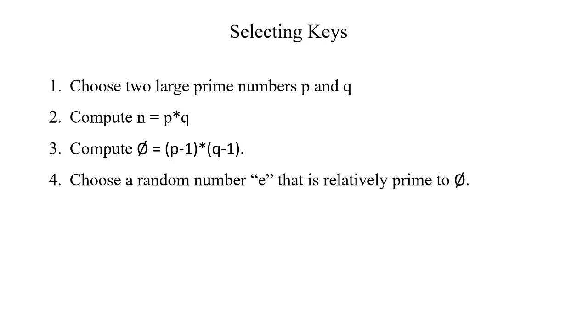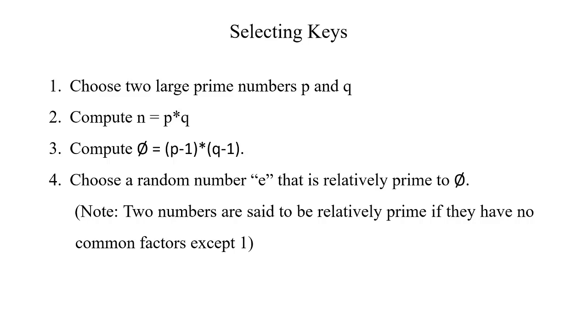Step number 4 is choosing a random number e such that it will be relatively prime to phi. Two numbers are said to be relatively prime if they have no common factors except 1. So while choosing random number e, we have to take this note into consideration.